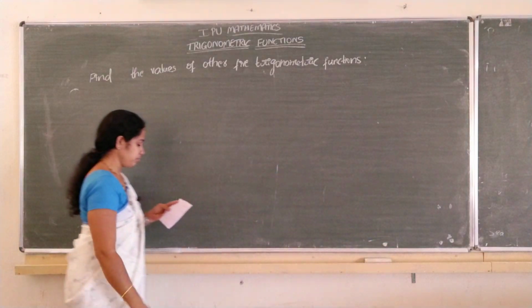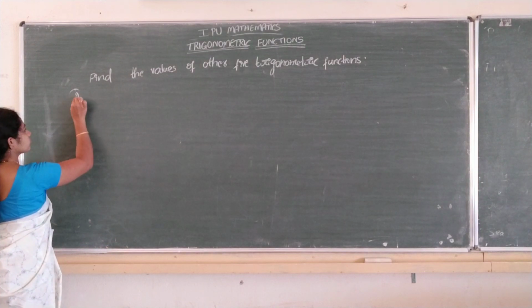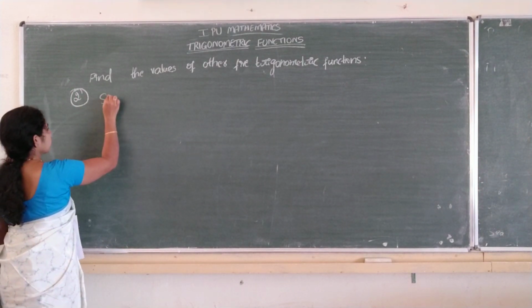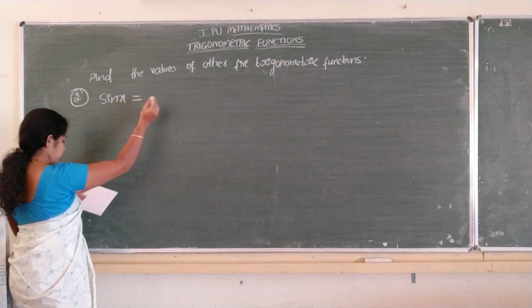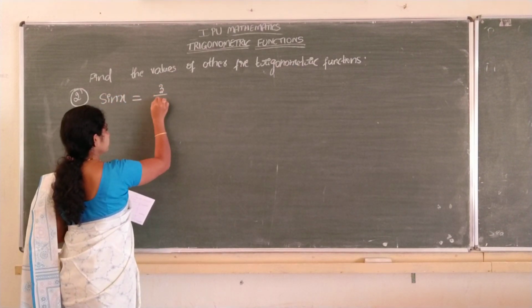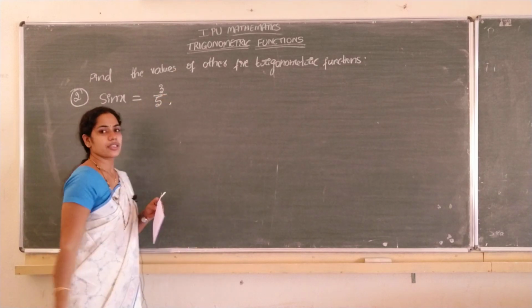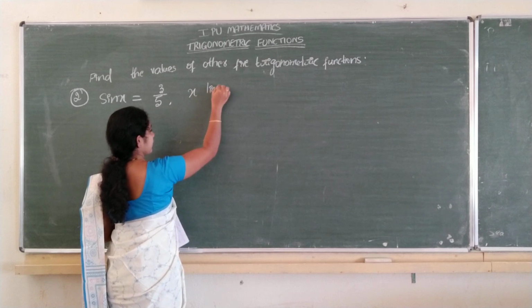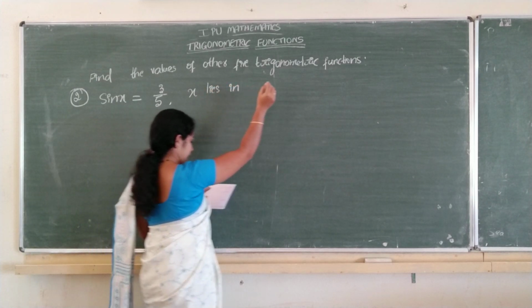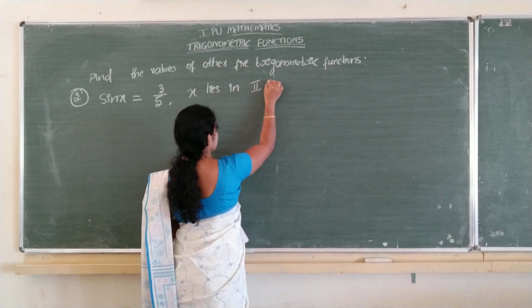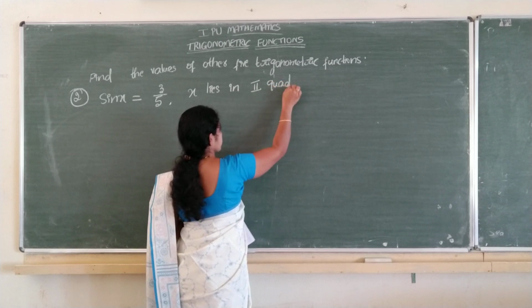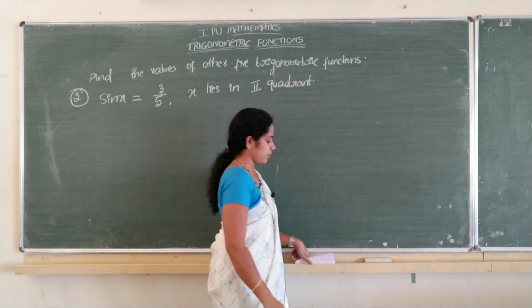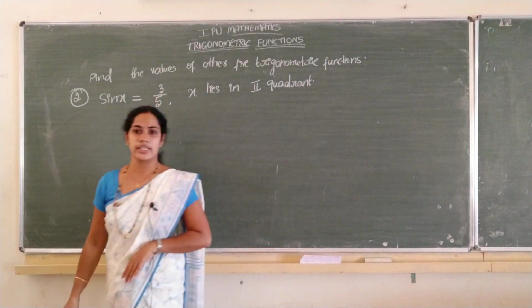Now second problem. Second one, sin x equal to 3 by 5, where x lies in second quadrant.